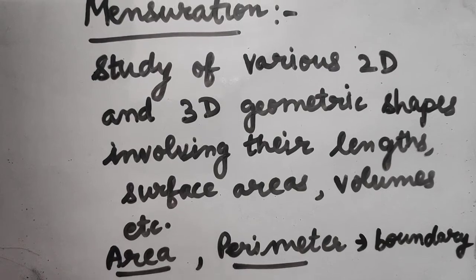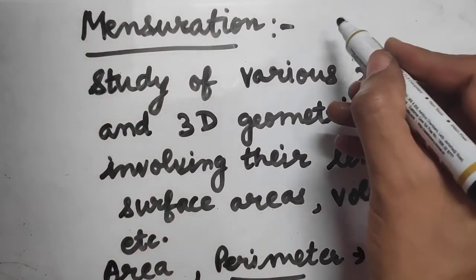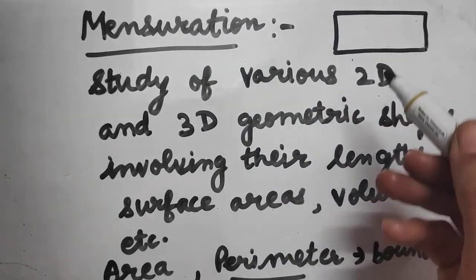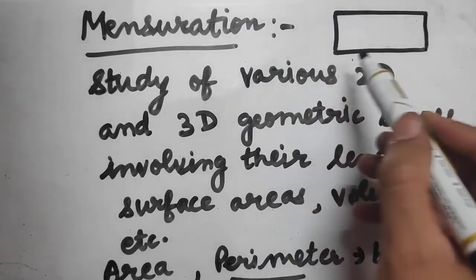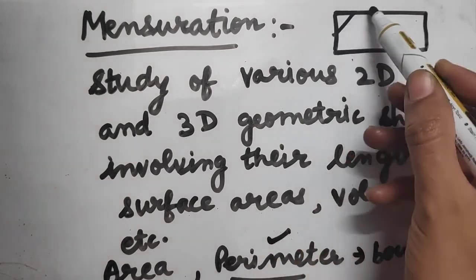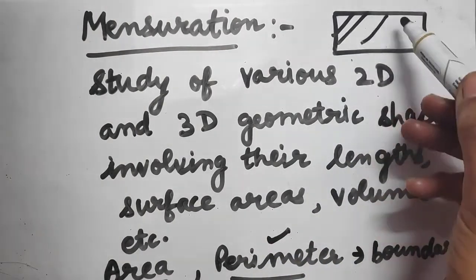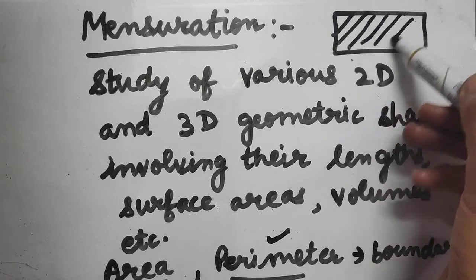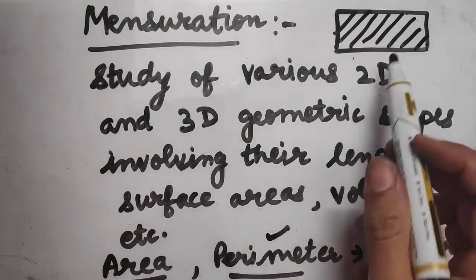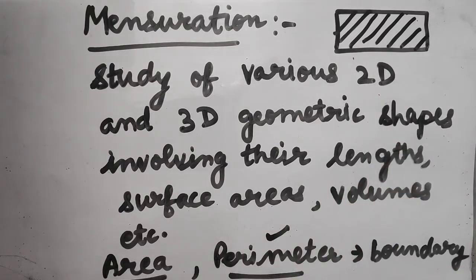If I talk about a rectangle, this is a rectangular figure. The boundary of this rectangle will be considered as perimeter, and the region covered by it, this shaded region, is the area of this rectangle. So I hope the difference between area and perimeter is clear to you.